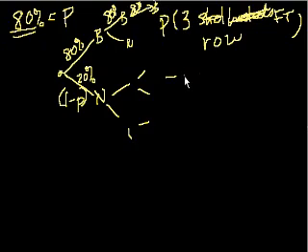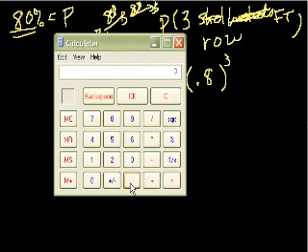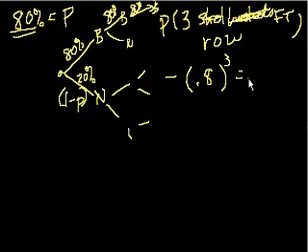So 80% is the same thing as 0.8. So we get 0.8 to the 3rd power. And I don't know, what is that? Let me see. 0.8 times 0.8 times 0.8 is equal to 0.512, which is equal to 51.2%.